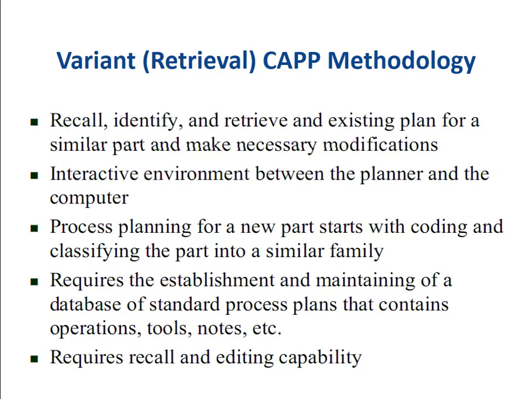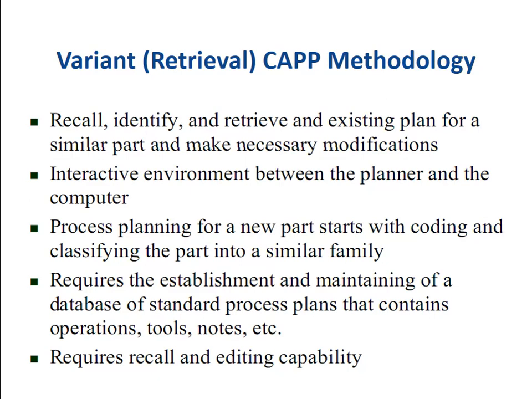Process planning for a new part starts with coding and classifying the part into a similar family, as we discussed in the earlier classes about part families. So this methodology, starting from putting the part into a group technology and having a part family, requires establishing and maintaining a database of standard process plans and content, for whichever part you are going to design as a product.